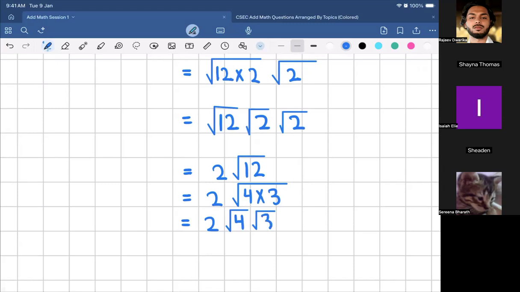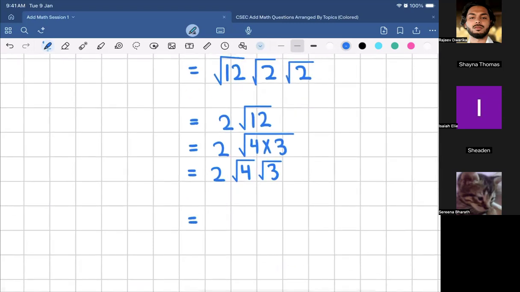Nice. Could we find the square root of 4? Yes, sir. What is the square root of 4? 2. And I can't find the square root of 3, right? So we're just going to leave it. And so you end up with 2 by 2, which is 4. 4 root 3.